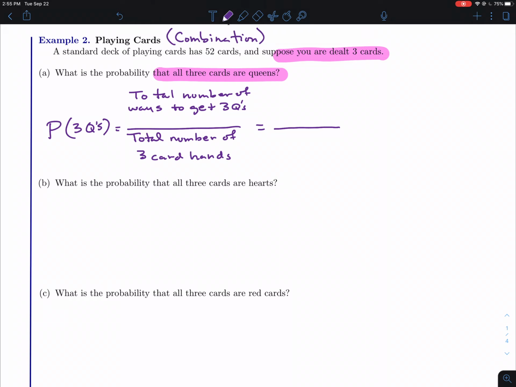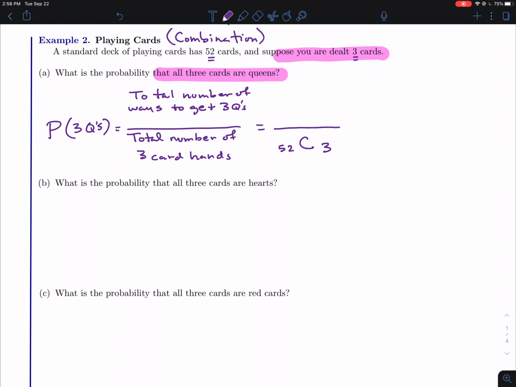With the bottom number, the total number of 3 card hands is, again, a combination. There's 52 cards total, so that's going to be our first number. And how many cards are we choosing? We're choosing 3. So our bottom number would be 52C3.